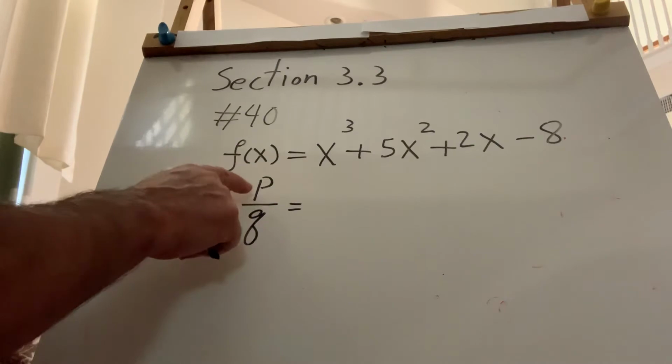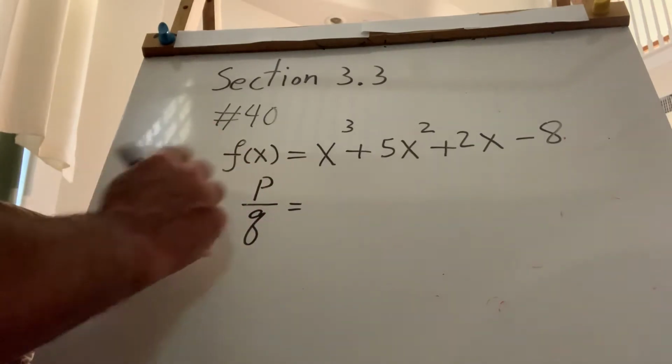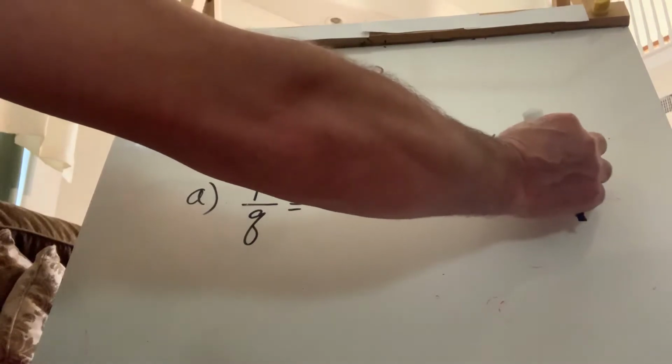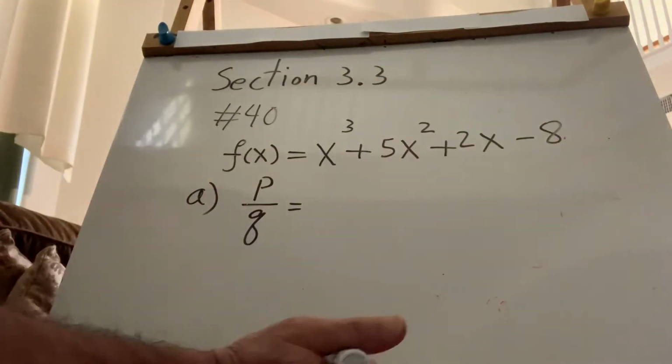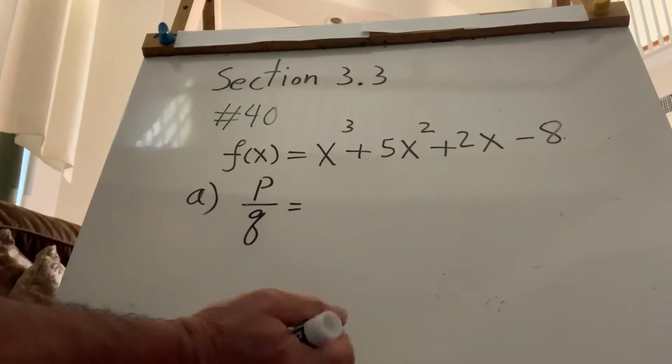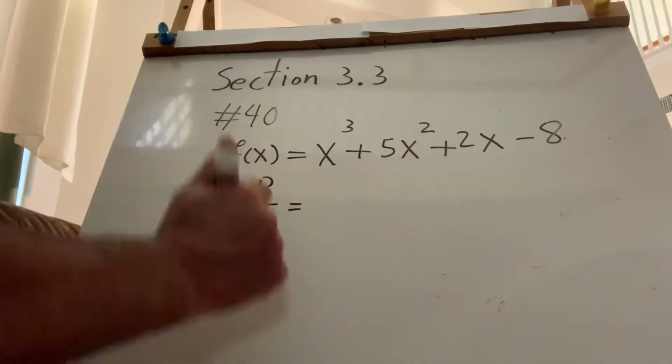Now, the p, the numerator for these so-called rational numbers, is going to come as an integer factor of the constant term. Our constant term here, of course, is negative 8. So we're going to list all the integer factors of negative 8, and those will be all the possibilities for your p's.